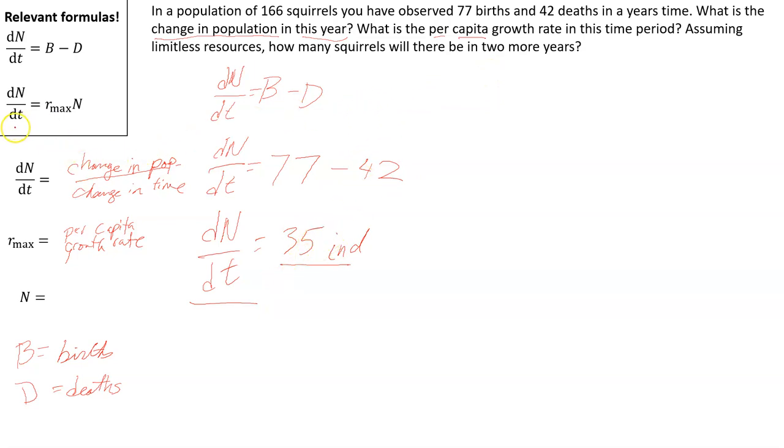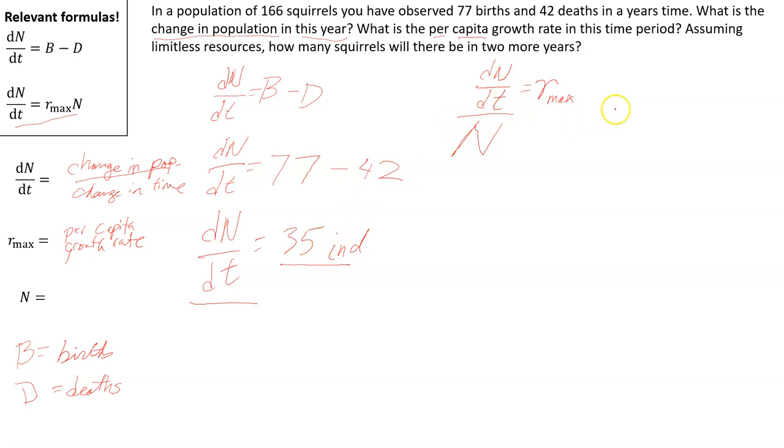Well, why don't we take a look at this formula over here and let's try using this. dN over dt is equal to r max N. So if I want to find r max, how do I isolate it? Well, I'm going to divide both sides by N. So r max is going to equal dN over dt all over just N. What is dN over dt?